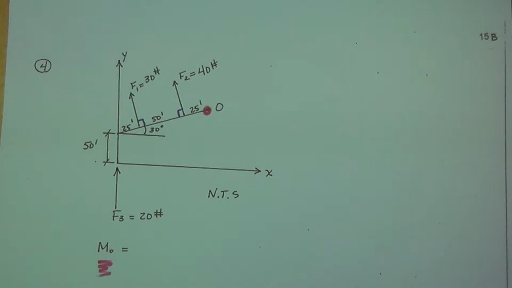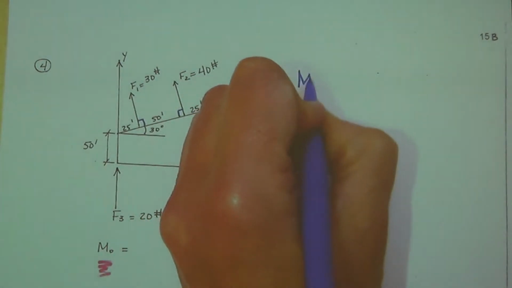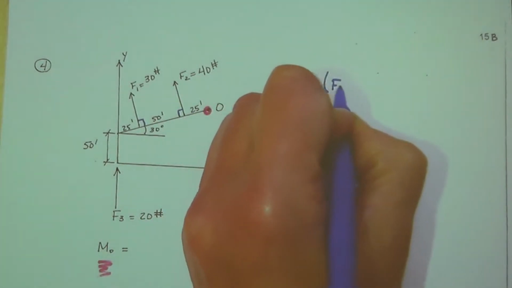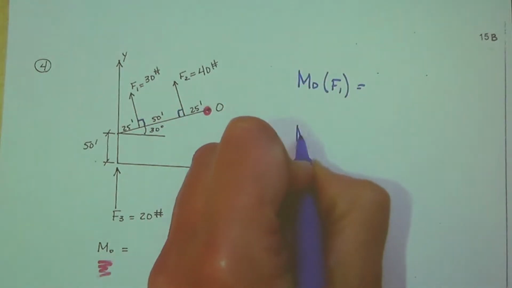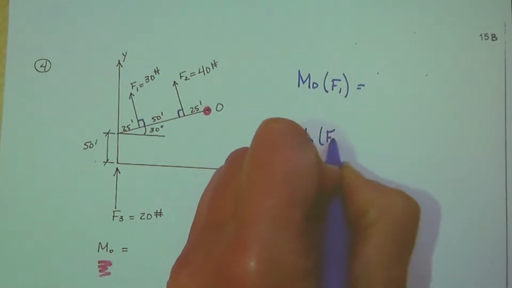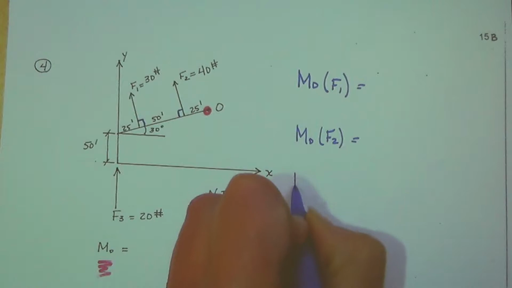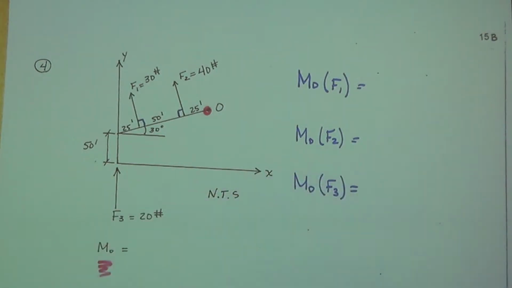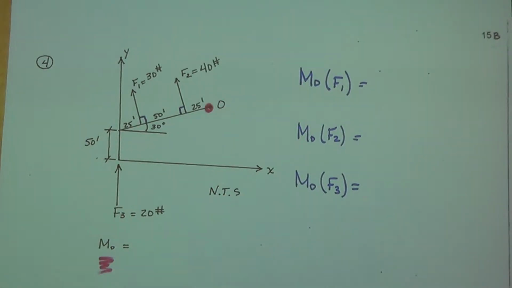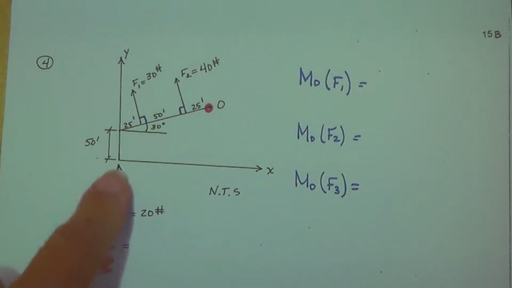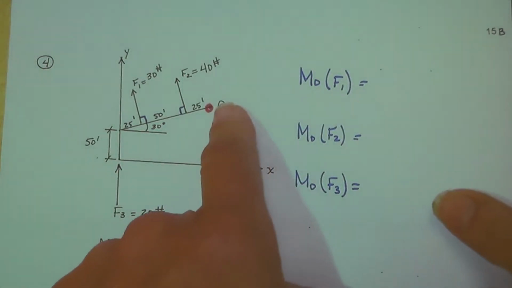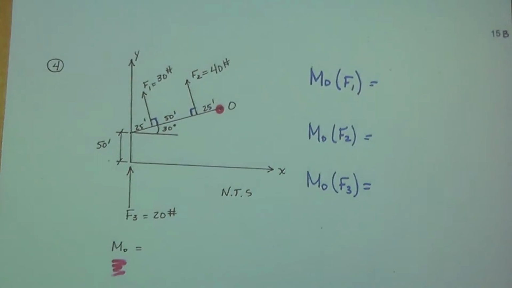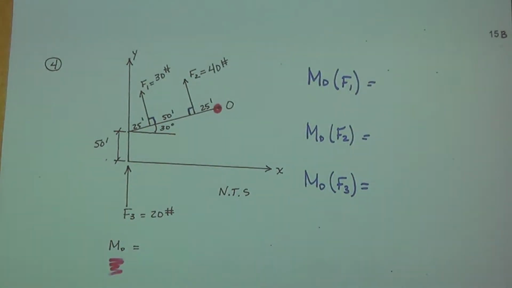So what we need to do is find the moment about point O due to F1, the moment about point O due to F2, and the moment about point O due to F3. Because would you agree that any forces on here can create a moment about point O, right? Okay, so calculate those. You can work with the person next to you.